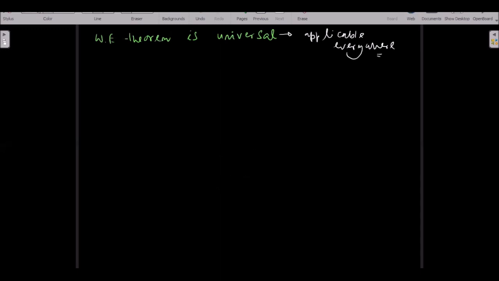First, we are taking an example to make you understand what is work energy theorem. Everyone check. Suppose this is ground.